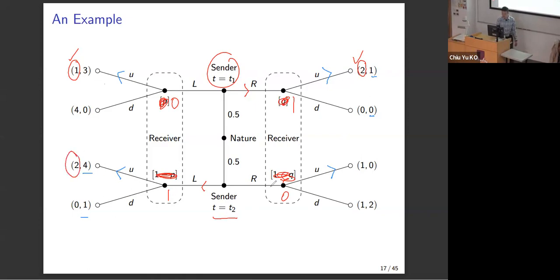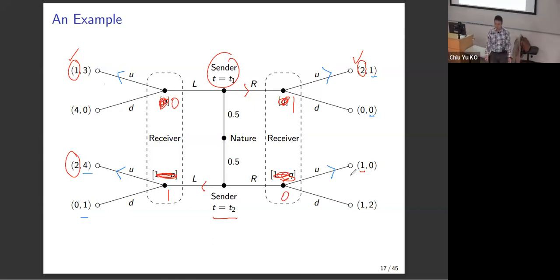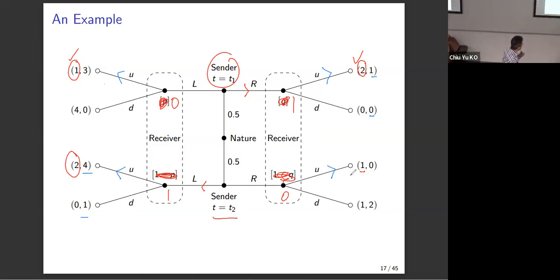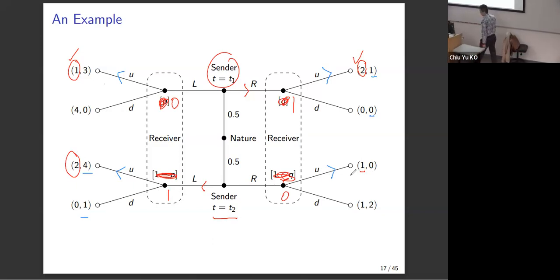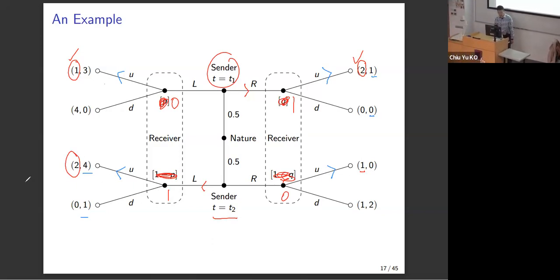If he pretends and sends R, he would only get 1. So this is an equilibrium. In this equilibrium, sender 1 sends R, sender 2 sends L. The belief is that, and the receiver seeing L will choose up and R will choose up as well. And that is the complete characterization of equilibrium.